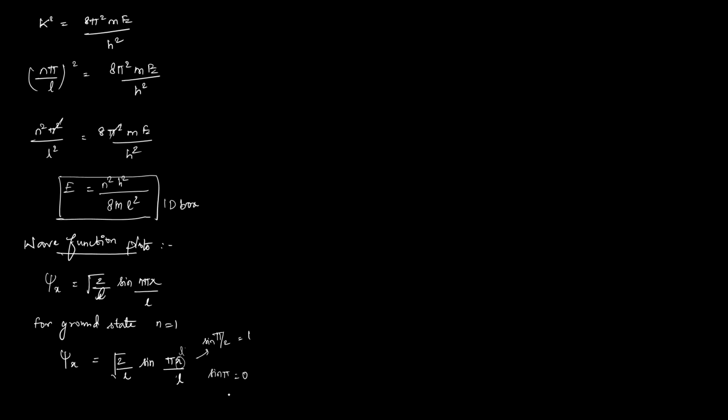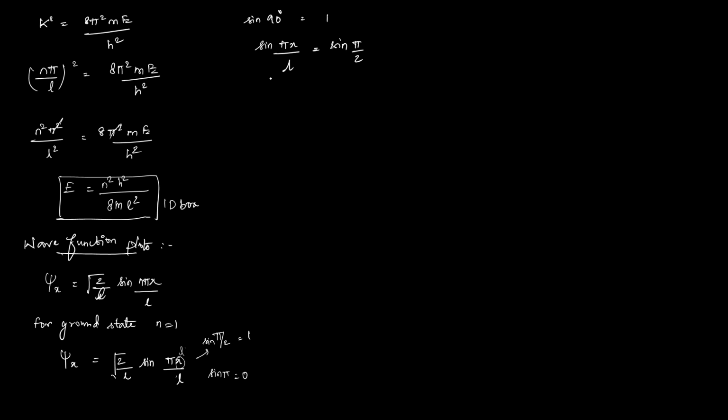So now let's try to apply that. So sin 90 degree is actually equal to 1. So what we can say is your sin pi x by l is going to be equal to sin pi by 2.